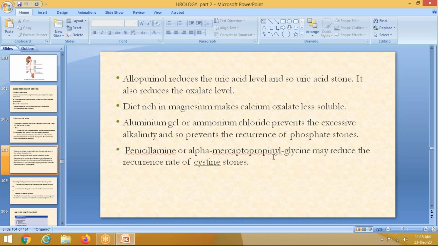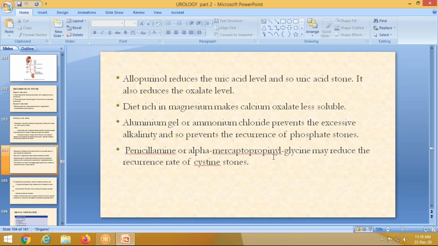Next, other drugs like penicillamine and alpha-mercaptopropionyl glycine can be used to reduce cystine stone formation.